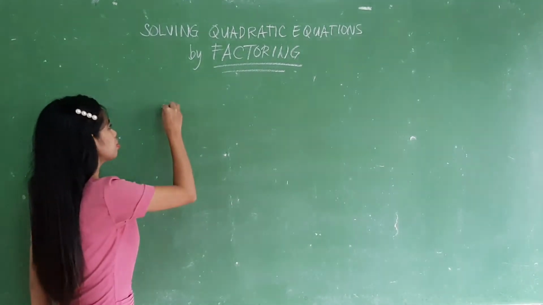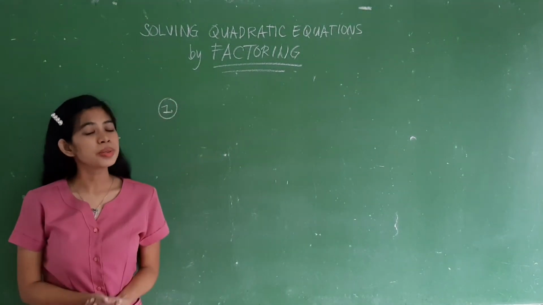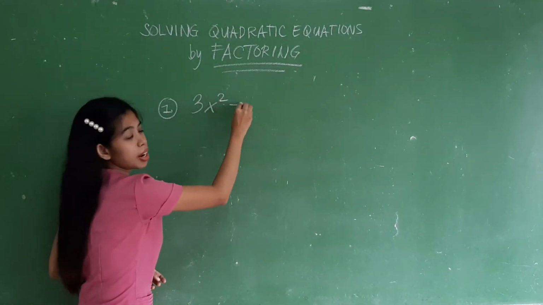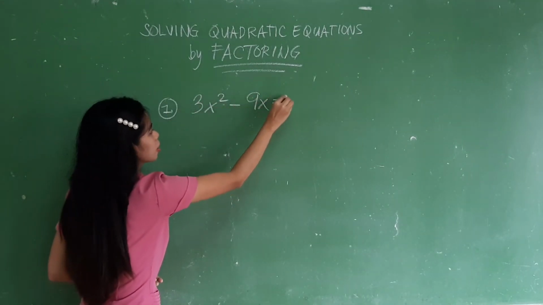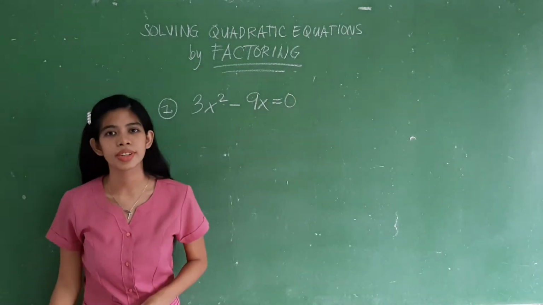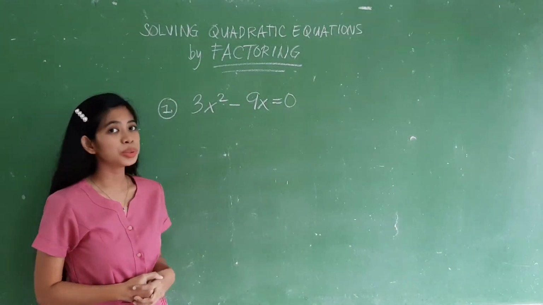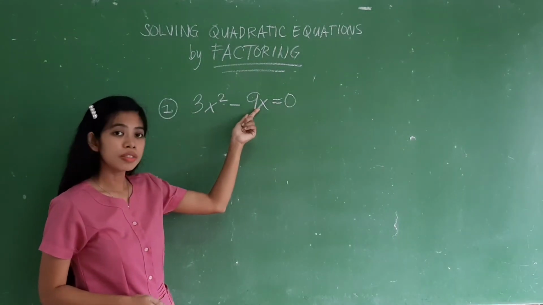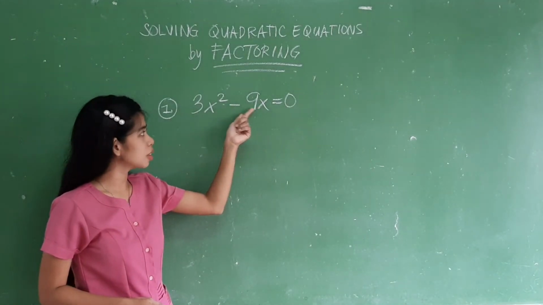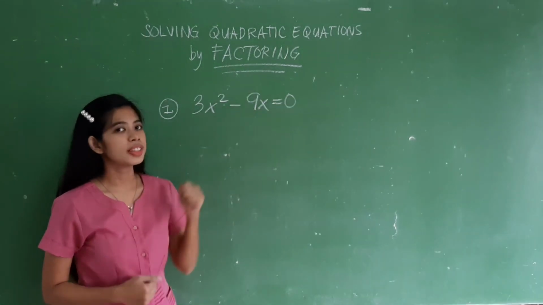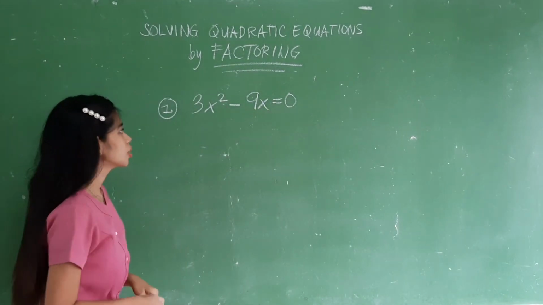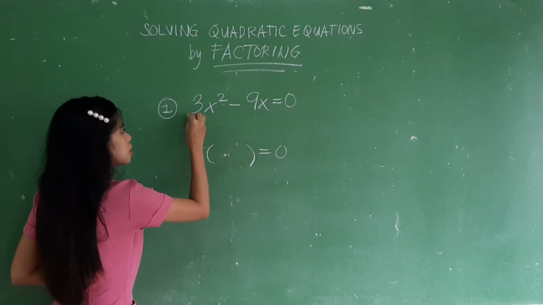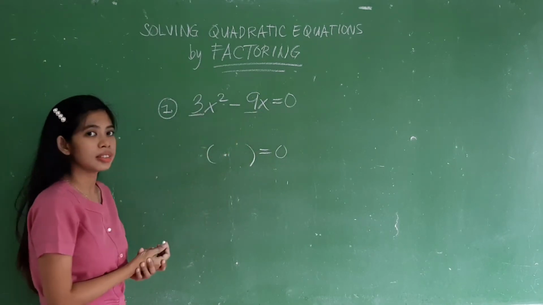So let's start. Suppose you were given 3x squared minus 9x equals 0. Okay? So all you need to do is to find out the common factor of the numerical coefficient and the common factor of the literal coefficient. So what is the common factor of 3 and 9?